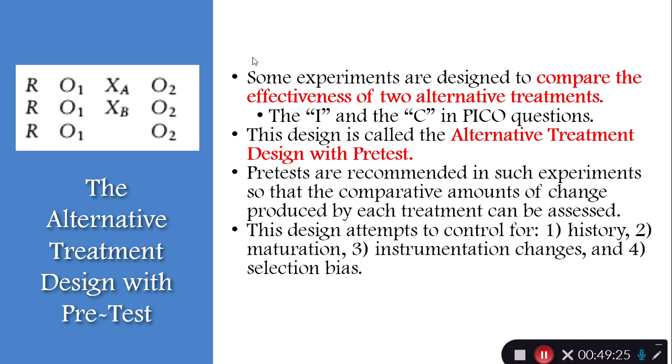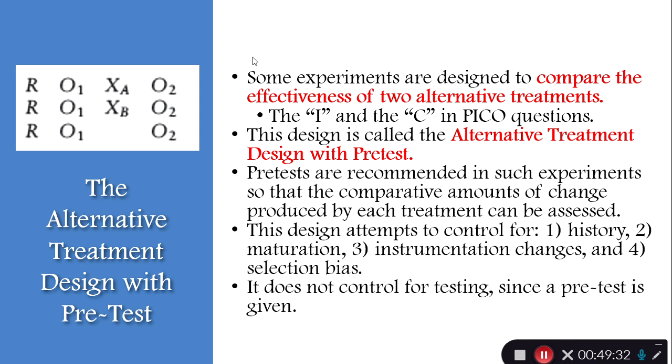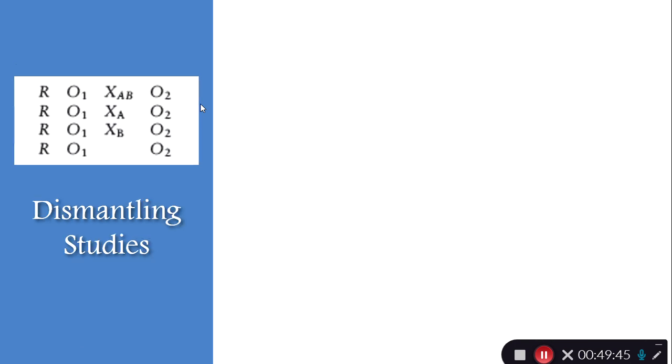This design attempts to control for history, maturation, instrumentation changes, and selection bias. The one thing that it doesn't control for is testing because of all of the pre-tests here. Okay, so this is the one threat that it does not control for.